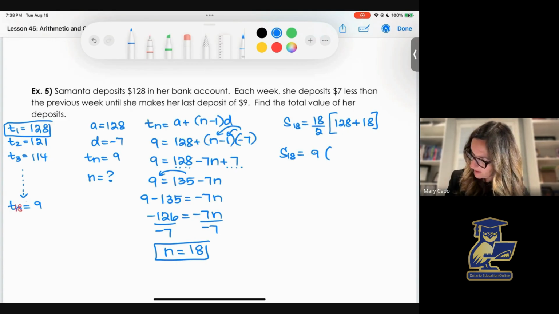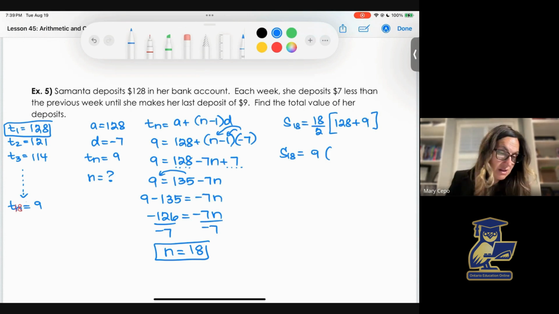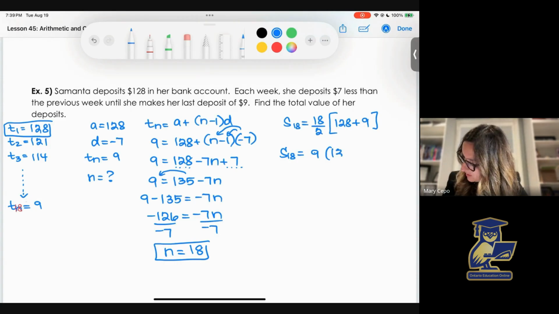Oh, where did I get the 18 from? That's supposed to be the last term. So the last term is supposed to be 9. So we take 128 plus 9, which is 137.